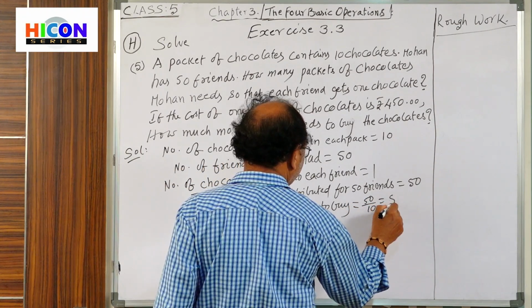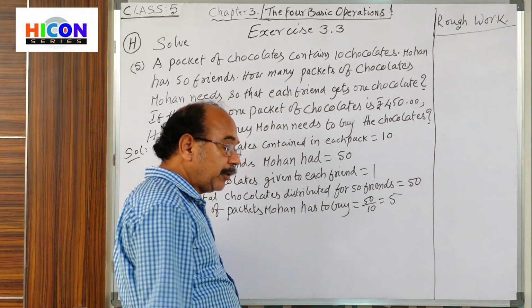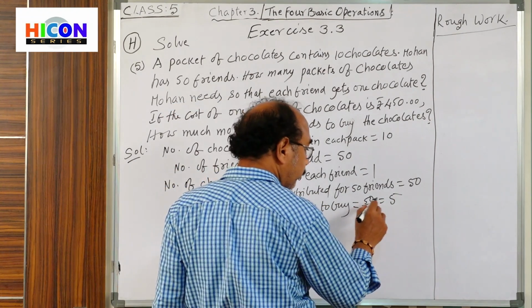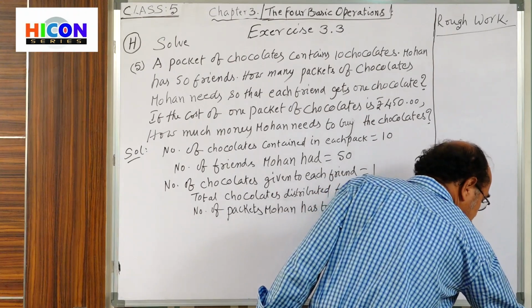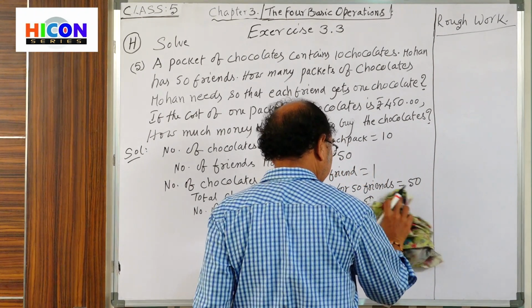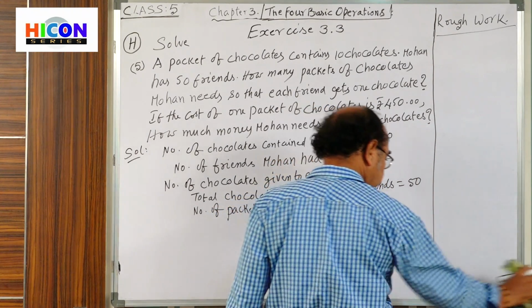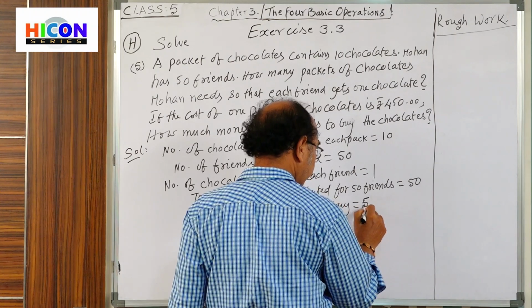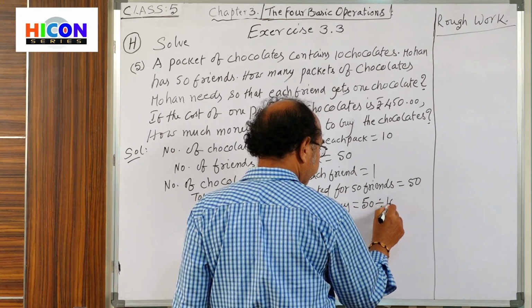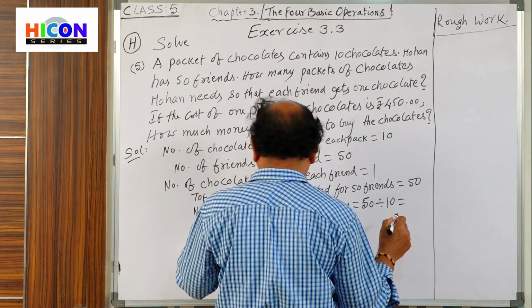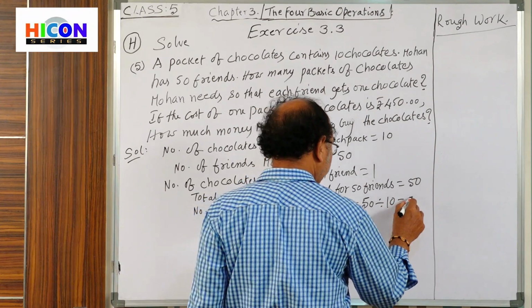That is equal to 5 packets. Here 50 divided by 10, right? This type of division you can use in higher classes. So it is 50 divided by 10, that is equal to 5.